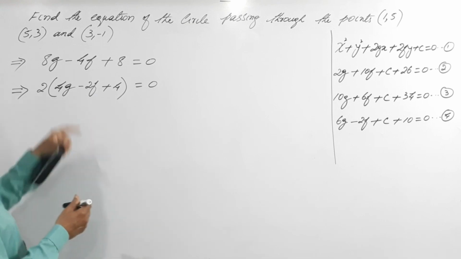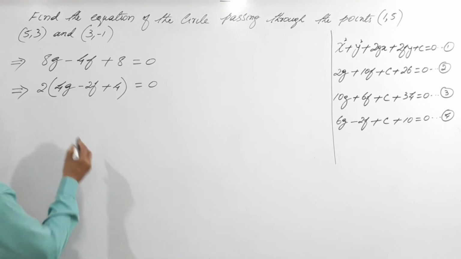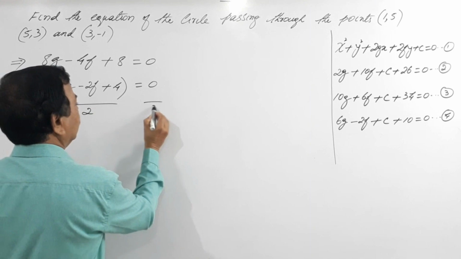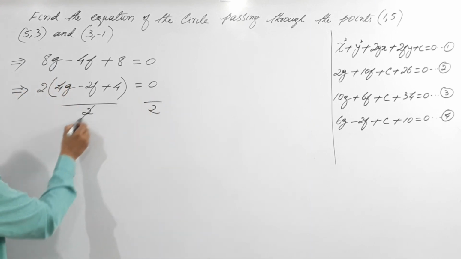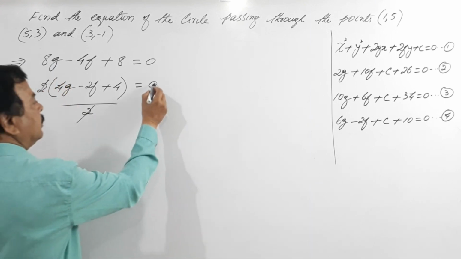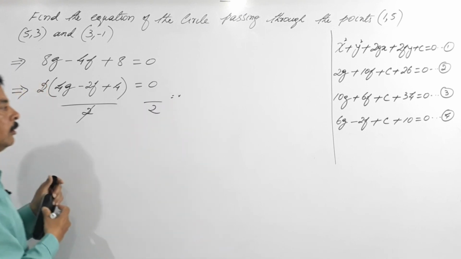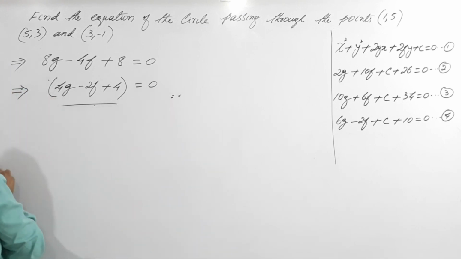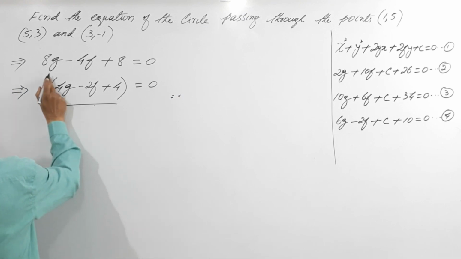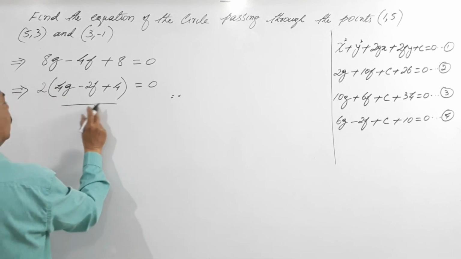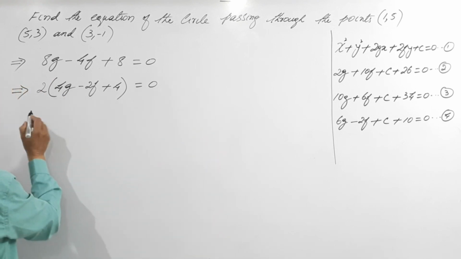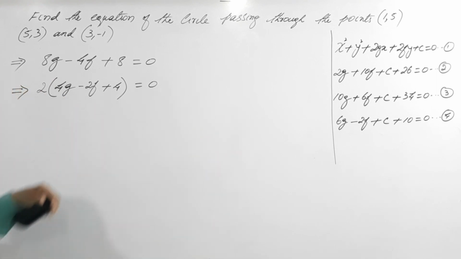If I divide this equation by 2, what happens here? For namesake, let me do this. Divided by 2, this 2 and this 2 cancel, and 0 by 2 is nothing but 0. So this 2 is gone. I divide this by 2, and I have shown you what happens.